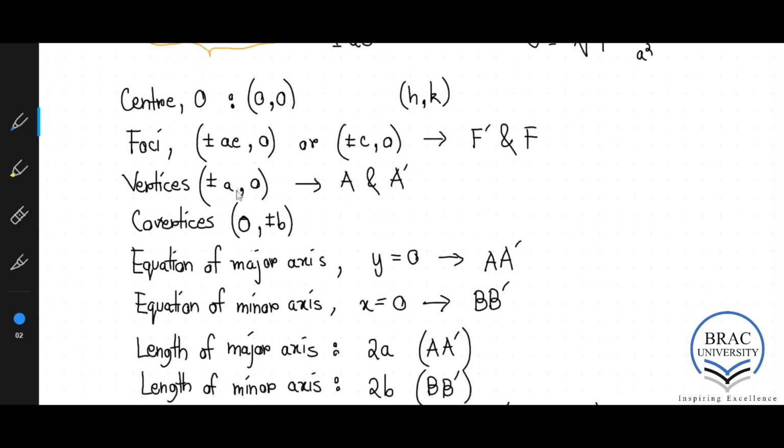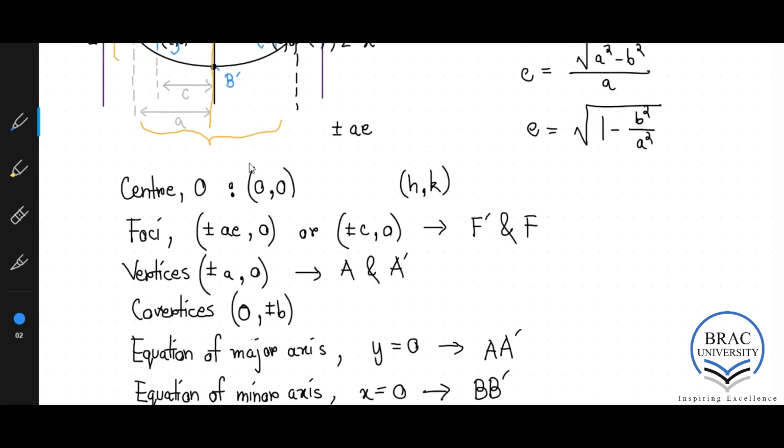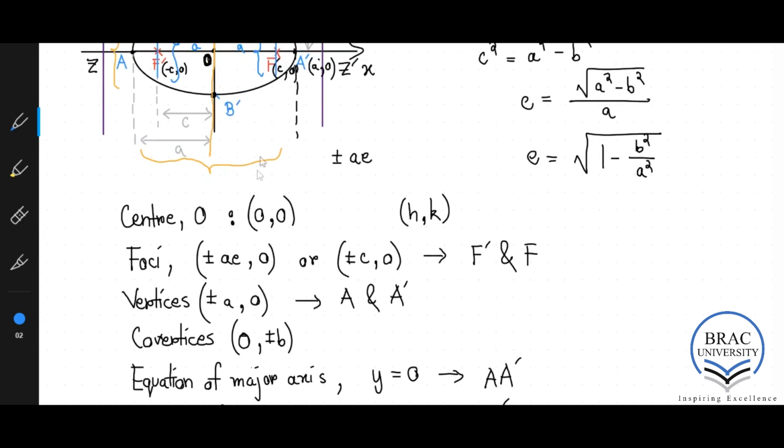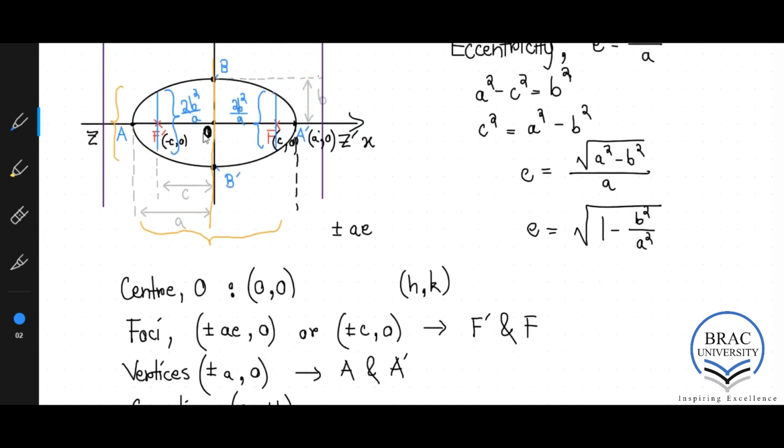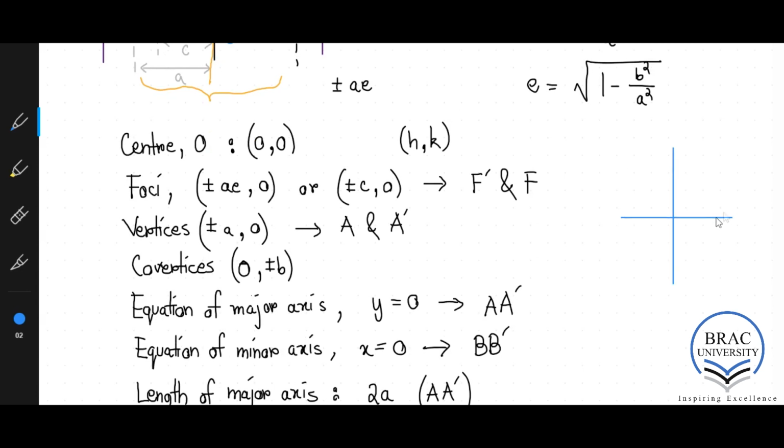Now something to note here is we have brought all of these definitions in from an ellipse of this shape. But if we did have an ellipse of this other type of shape, I hope you can interpret this just as we did for a parabola. The foci would be along the y, so it would shift into this form.